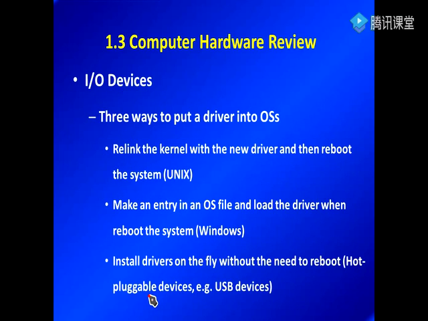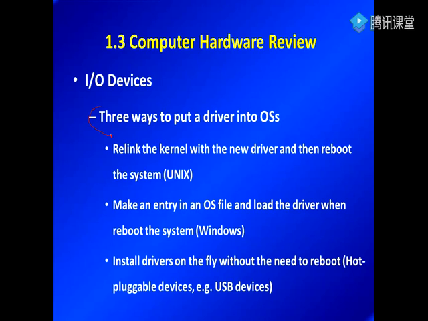And so you already know the drivers are very important for the usage of devices, right? If you want to input or output any data, you have to interact with the drivers, right? So we have to understand there are 3 ways to put a driver into the OS.